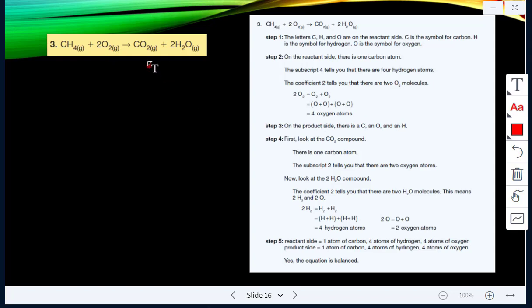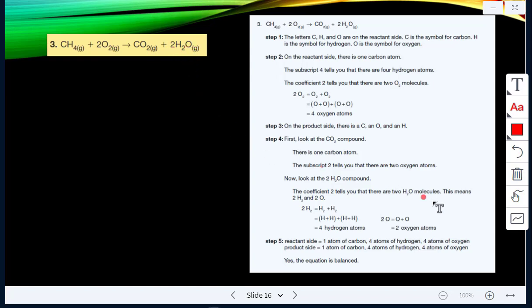Product side, we still have C, O, and H, representing carbon, oxygen, and hydrogen. Next, we have to count our atoms. So carbon, there's only 1, because there's no subscript, so there's 1 carbon atom. Oxygen, there are 2 here with carbon dioxide, so there are 2 oxygen atoms here, but there are also another 2 here in the water.